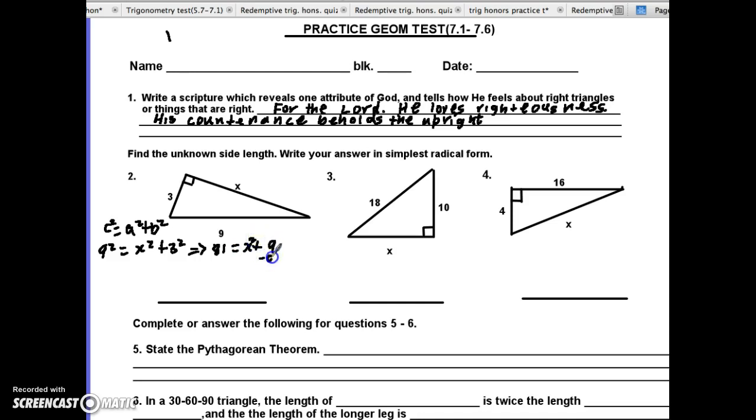Subtract 9 from both sides. That gives us 72.